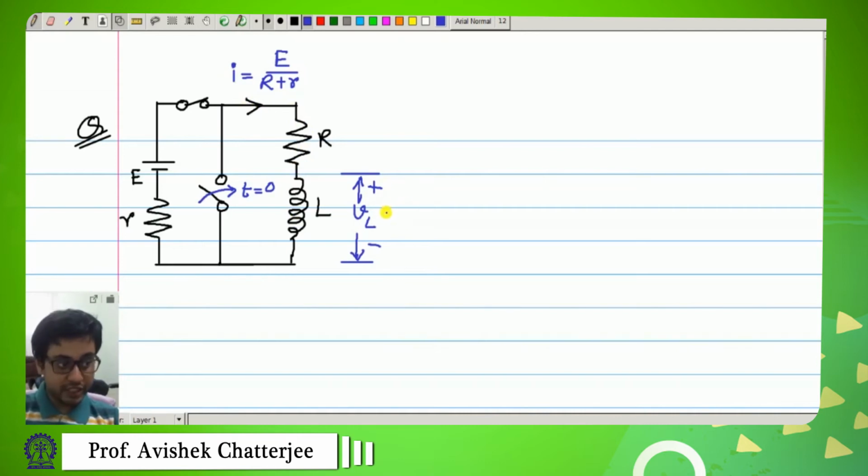So according to the physics of inductors, this voltage is given as inductance L multiplied by di/dt, and this voltage across the resistance, let me call that VR, according to Ohm's law, is equal to IR. The reference direction is plus upside and minus downside.